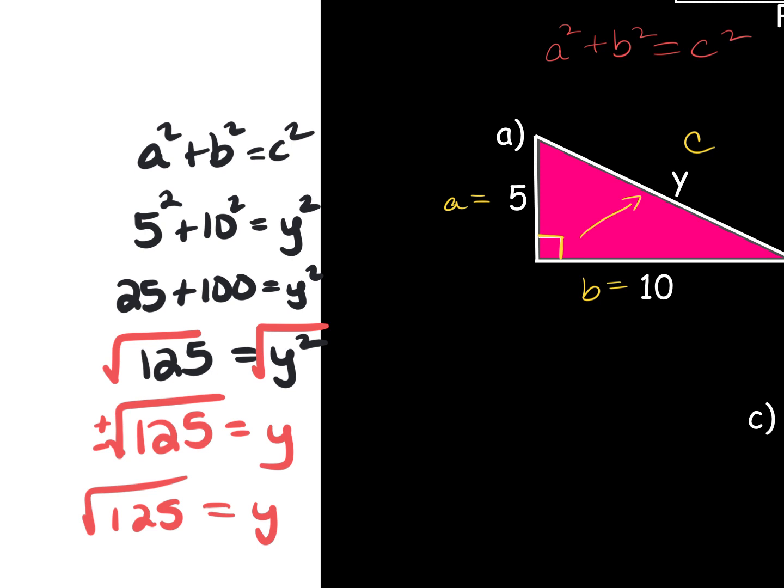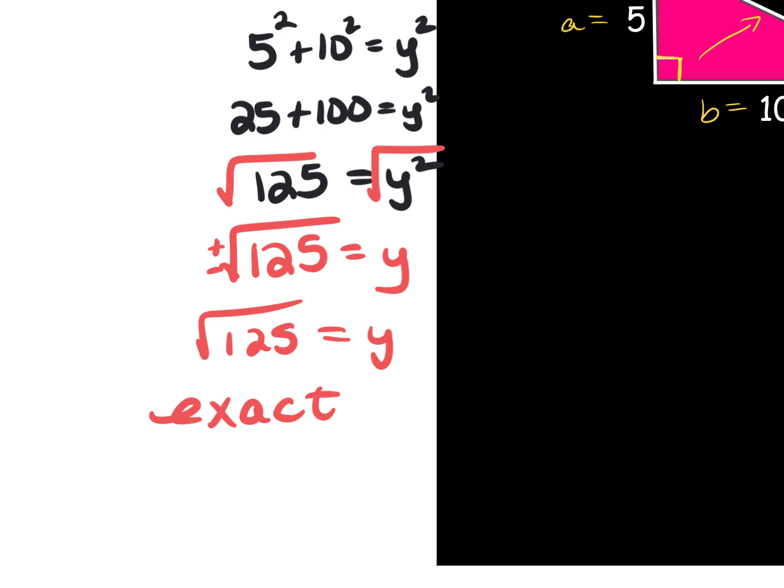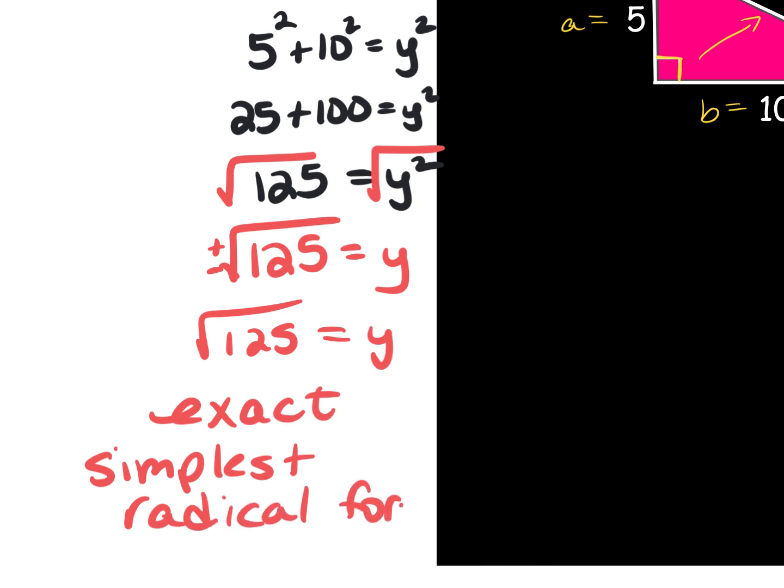Now, if Big Ideas says to leave your answer exact, this is where we're going to leave it in simplest radical form. And this is what we did at the beginning of the year when we did the distance formula.